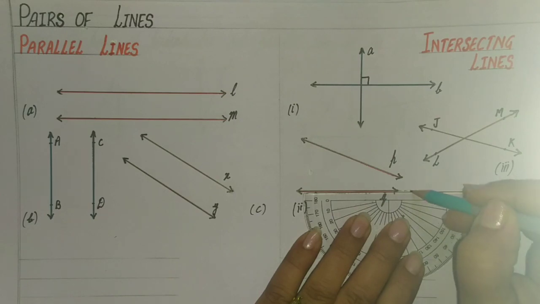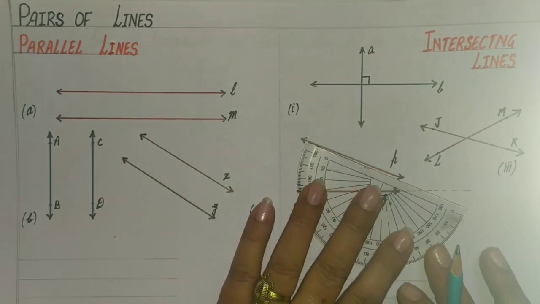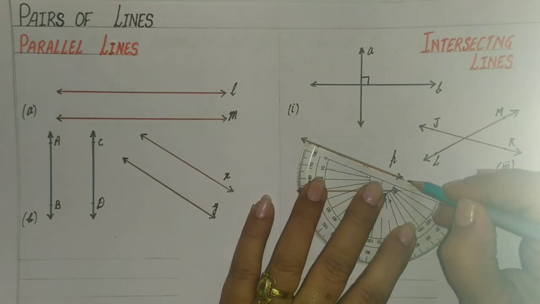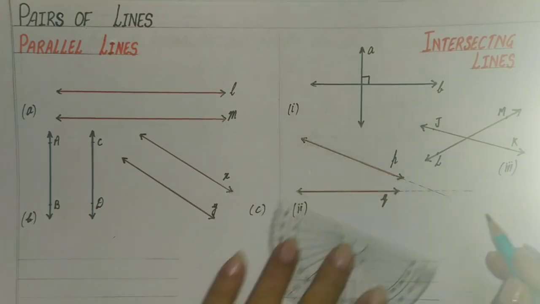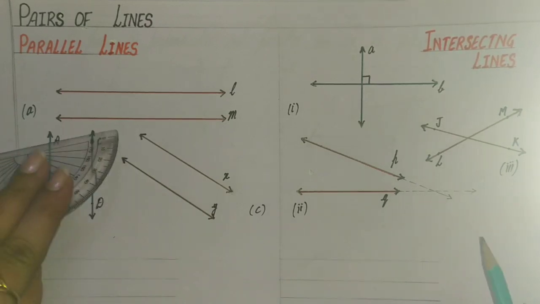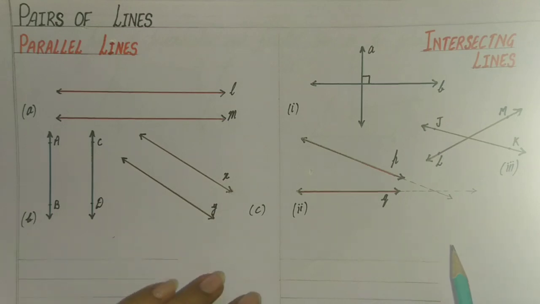Have a look. I am extending these two lines using a dotted line in this way. So at some point they will definitely cross each other. That's why P and Q are also intersecting lines.